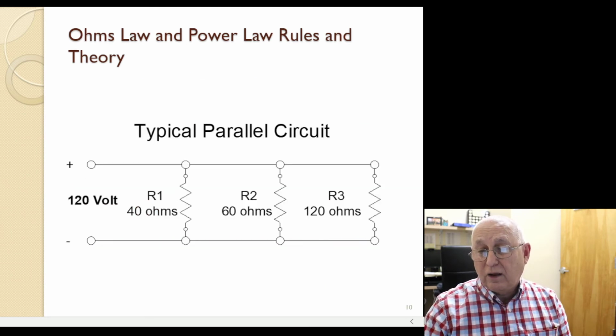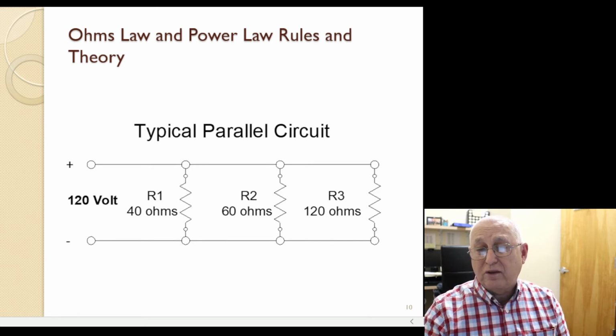Here's a diagram, a drawing of a typical parallel circuit. You notice that I can put a switch here and turn off R2 and R3, but I still have current flowing through R1. If R2 were to burn out, R1 and R3 still have voltage going through them and they're still working.